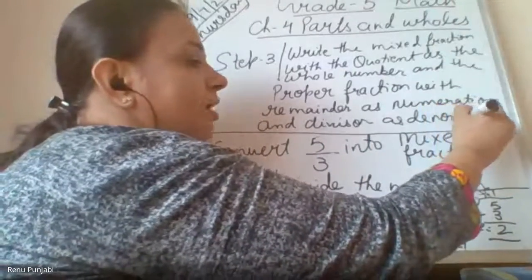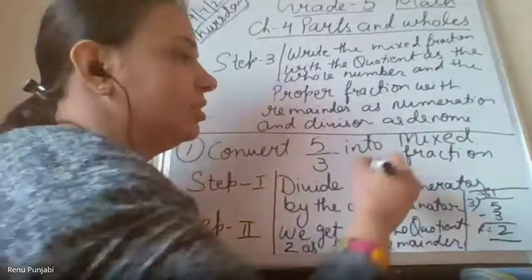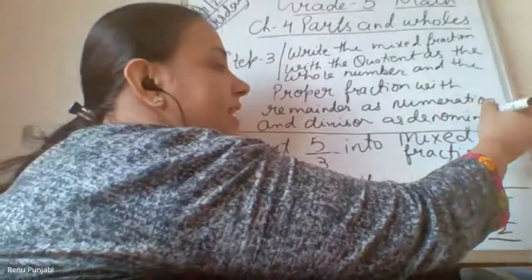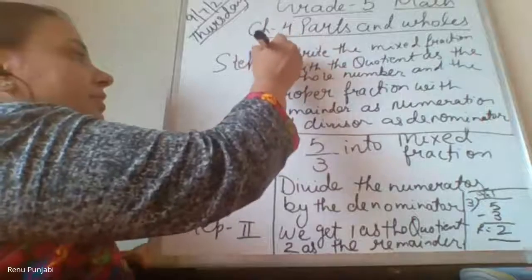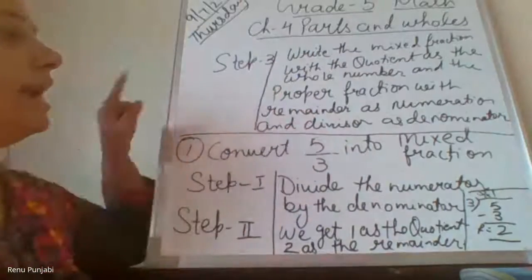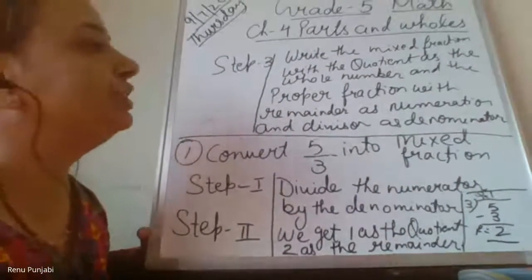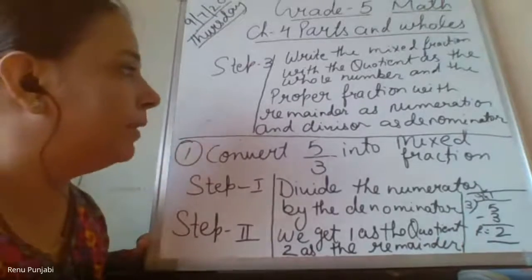So first you all write, I will explain to you about this also, what this is saying. Write the mixed fraction with the quotient as the whole number.